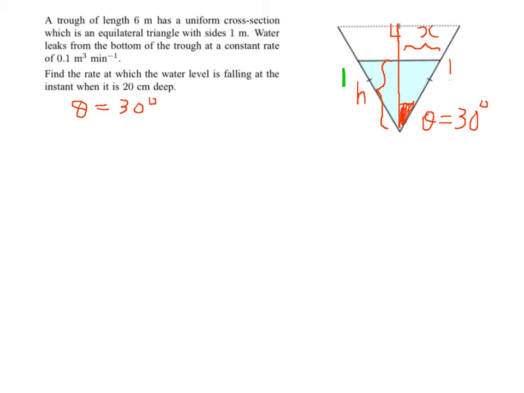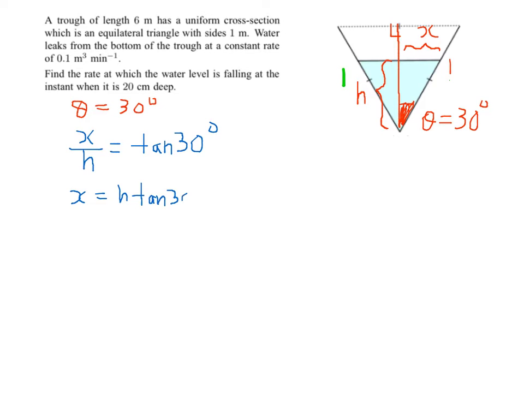So let us continue. Here we have the ratio of tangent, tangent of 30 degrees. Indeed, this is x divided by h, the opposite over the adjacent, and then we get x equals h tangent 30 degrees.